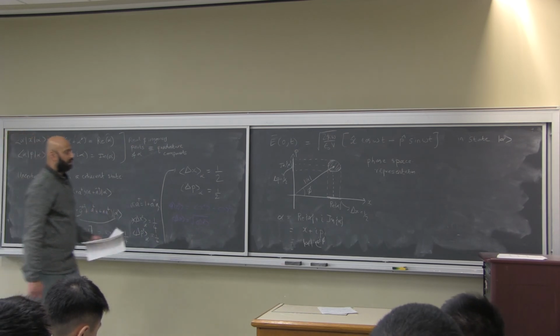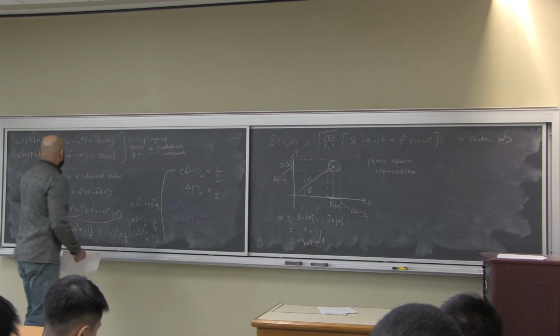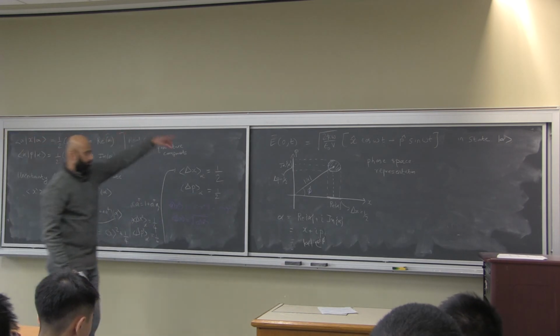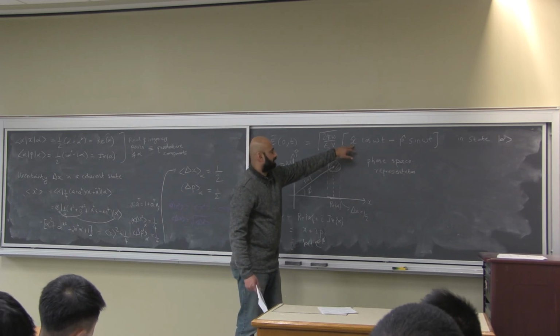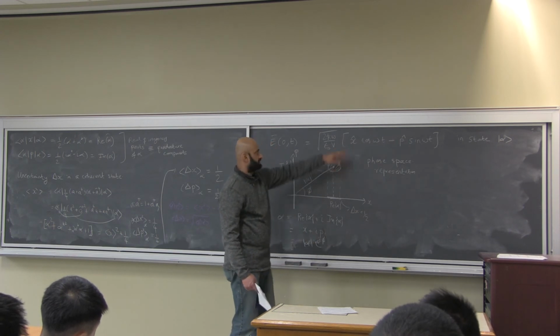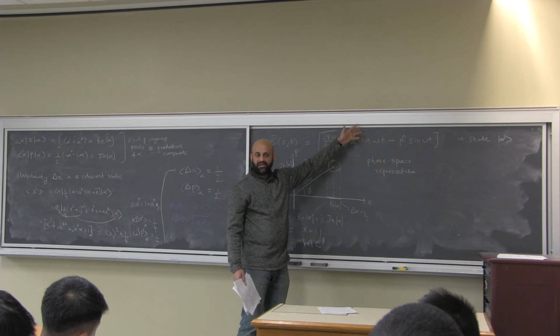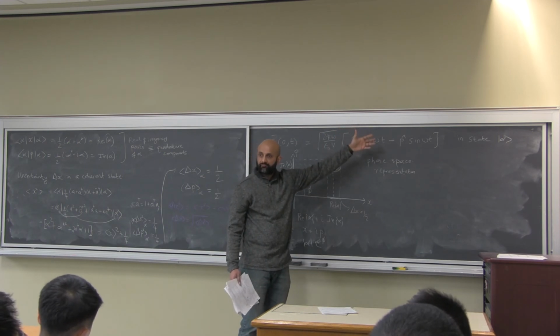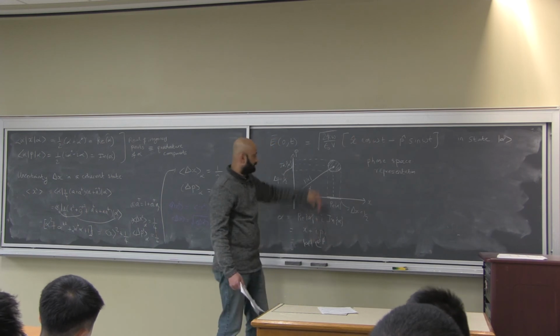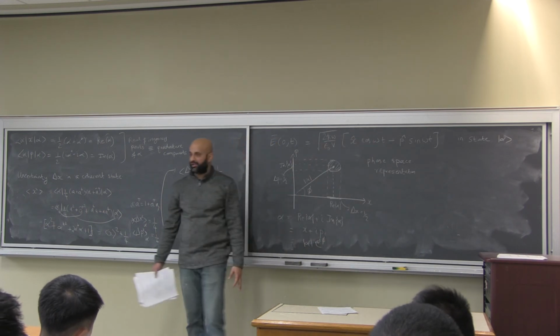And this phase phi, as you can see, we erased it, but if we put it back here for alpha and write this out, you see that this phase phi represents e to the i omega t plus phi, or e to the minus i omega t plus phi, when you put this back in the expression for the electric field.